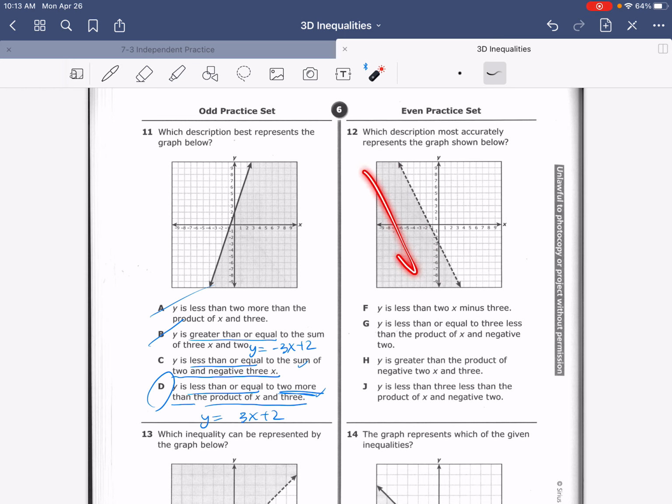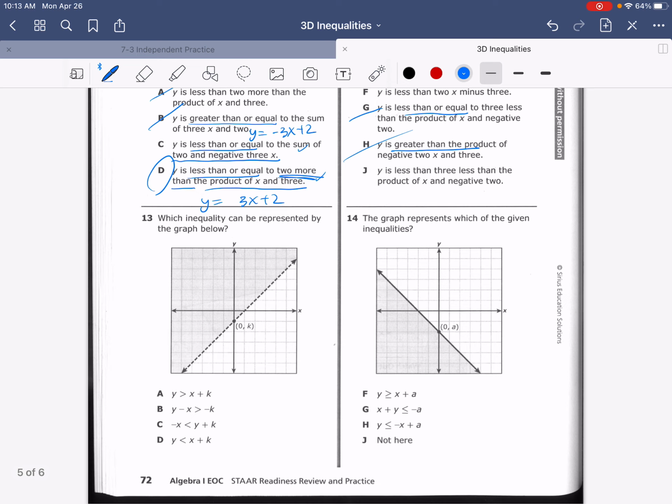It should be just less than. So you cross out anything that says equal to. Since it says greater, you can cross that out. So it's going to be F or J. Find it out.